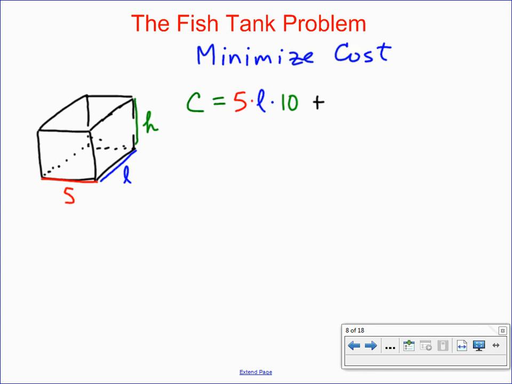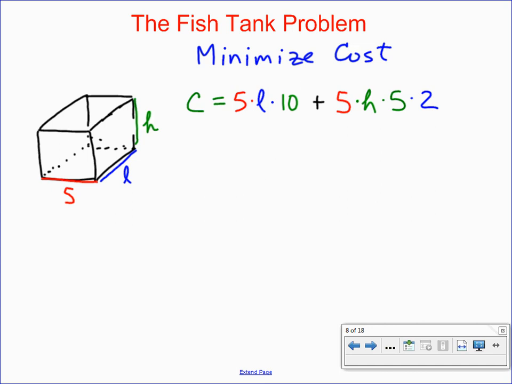Plus, I need it for the front and back. So the front is going to be width 5 times height H times, how much do the sides cost? $5 per square foot, so times another 5. And then there's not only the front, but there's also the back, and so I need a times 2.